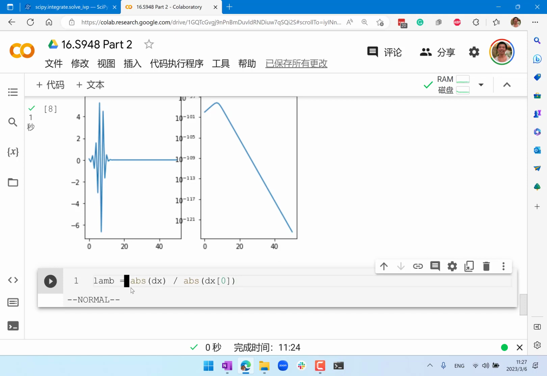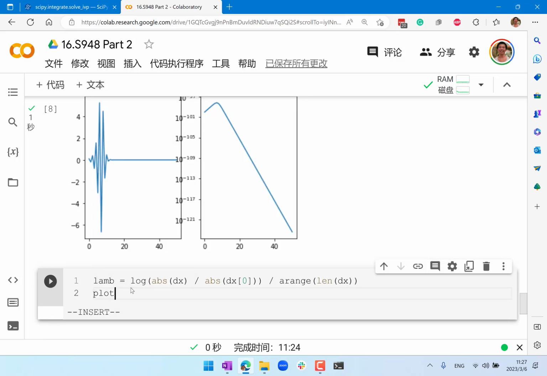And this whole thing is going to be taken with the logarithm and divided by the arange of the length of dx, right? And let's plot what lambda looks like.